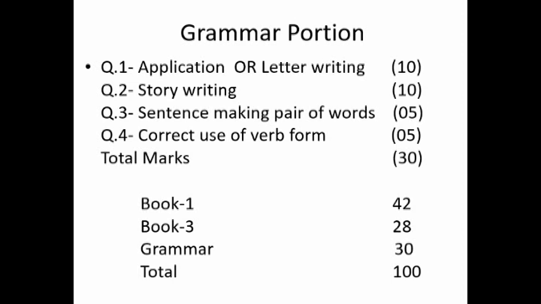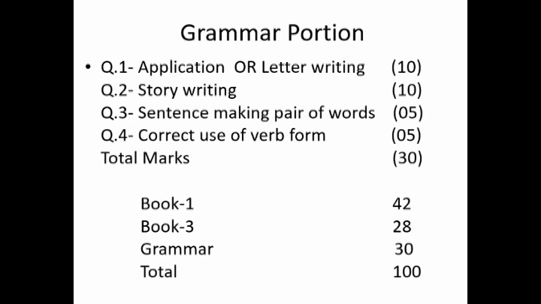Third question is of sentence making from pair of words. It carries 5 marks, and the last question is about the correct use of verb form. It carries 5 marks also. So the grammar portion carries 30 marks in all.